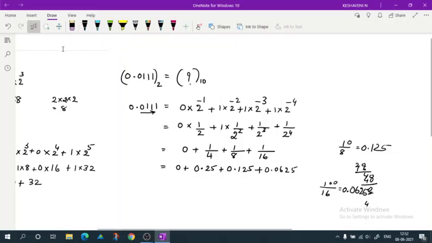So you have to add all these. While adding, I'll add here, so you have to consider 0.25 plus 0.125 plus 0.0625, right? Now I'll add all these. This is 5, this is 7, 8, 8 plus 5 is 13, 1 remaining, 4 plus 1 is 5, this is 0. Sorry, this is 4, not 5, this is 4.